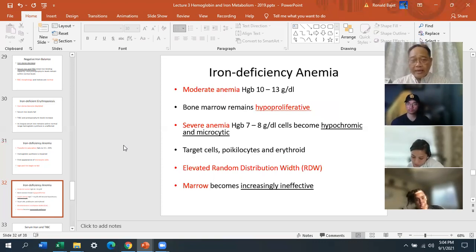When it's as low as 7 to 8 hemoglobin, this is the proper description of iron deficiency anemia. It's called a hypochromic microcytic anemia, hypo-micro in short. Hypochromic means low hemoglobin in the cells, and microcytic means small cells.